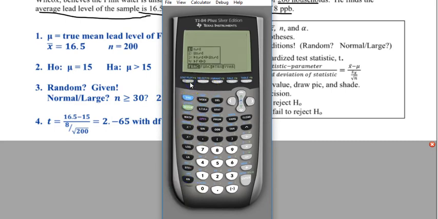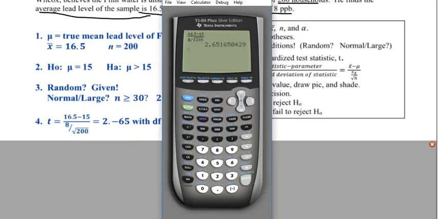just have a fraction. Then you can either do it in your head or type in 16.5 minus 15, or just do 1.5. Then come down here and do 8 divided by square root of 200. And you see 2.65.